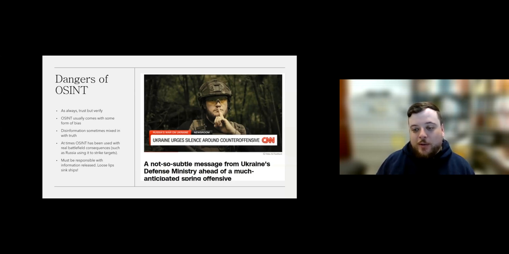Russia is a huge user of this kind of information, which is why there was a whole campaign last year where Ukraine essentially urged silence around its upcoming counteroffensive, and arguably part of why it actually ended up failing is because so many people were posting about it online. It was impossible to keep secret, right?